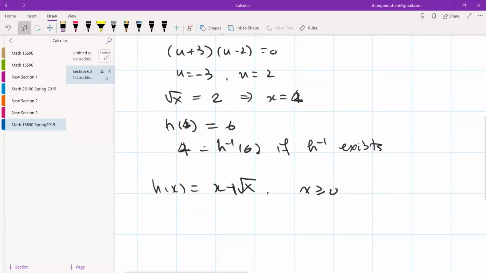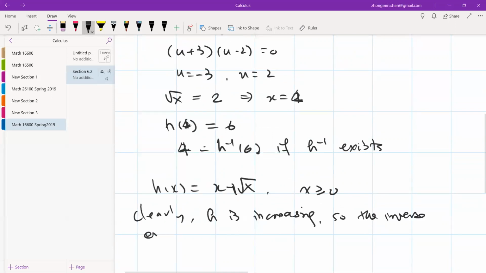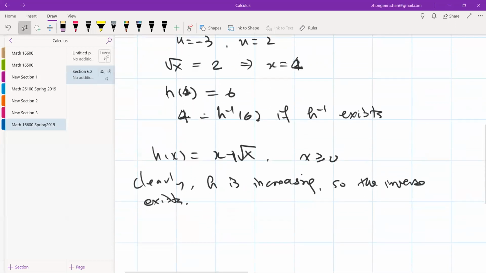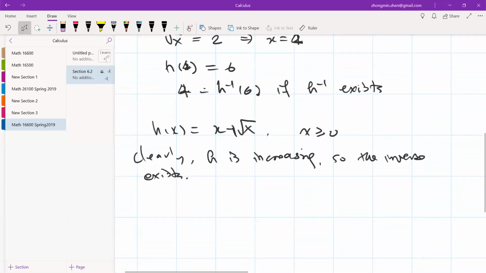You can also find the derivative. So the inverse exists. You don't need to prove that for this particular problem, since it's given, but you need to know how to prove why the inverse exists.